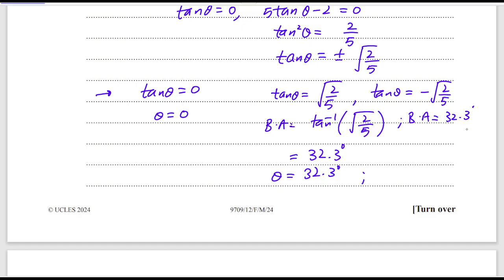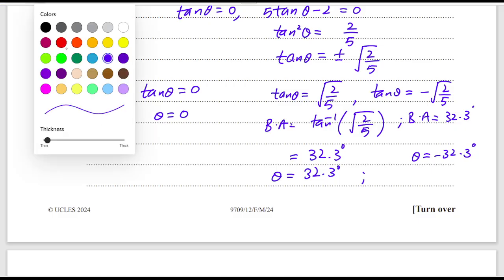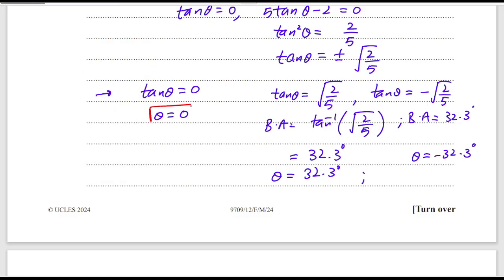And tan is negative in the fourth quadrant in the given range, so in the fourth quadrant theta is equal to minus 32.3 degrees, simply the negative of the basic angle. So these are possible values of theta. One value of theta is 0, the second one is 32.3 degrees, and the third one is negative 32.3 degrees.